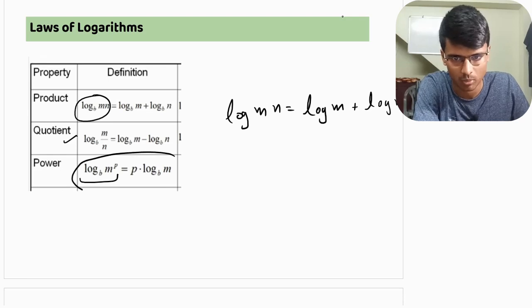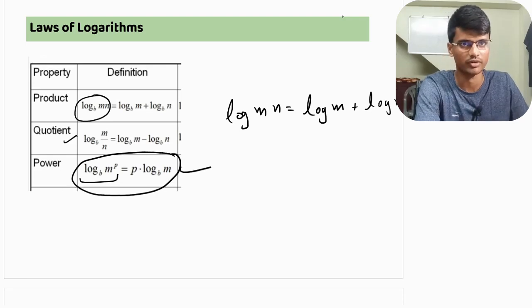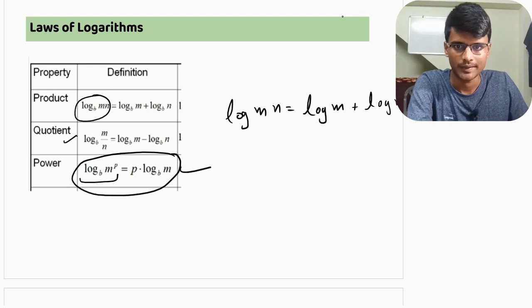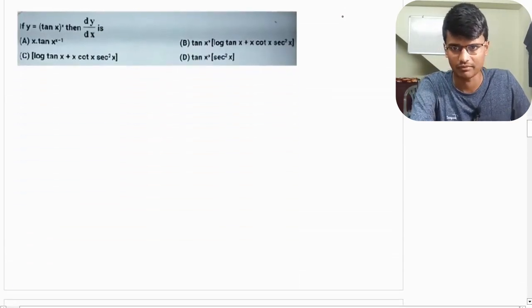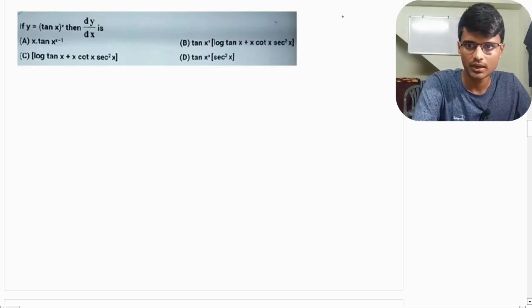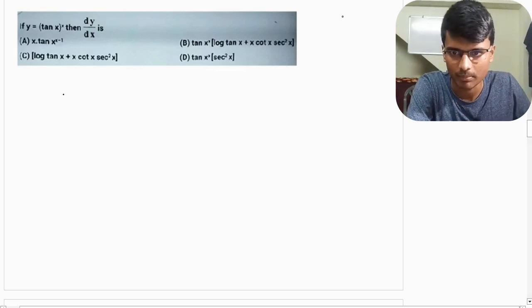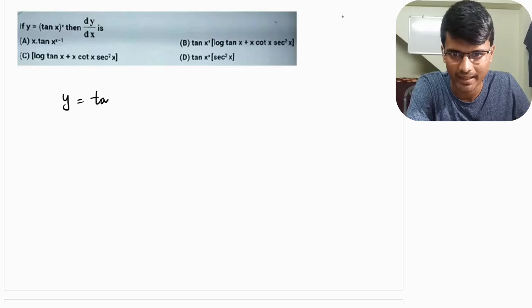This one is very important, and we will be using it more frequently. So let's start. I have picked a question from a previous year, which is y equal to tan x whole power x.